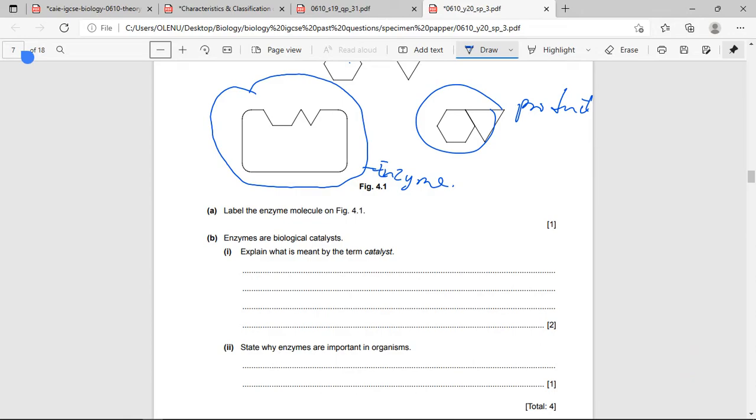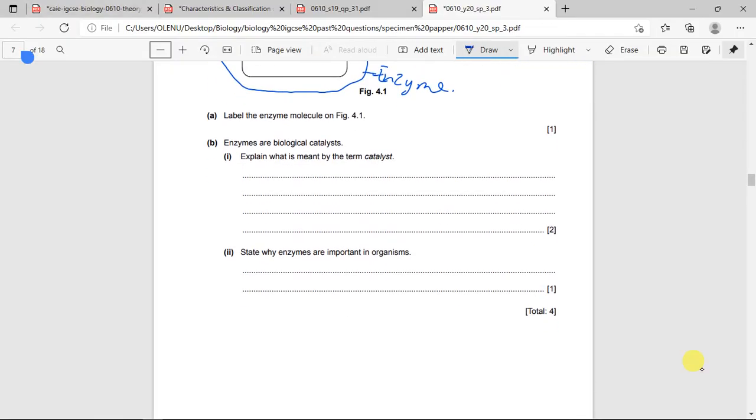Now they say enzymes are biological catalysts. Explain what is meant by the term catalyst. So a catalyst is a substance that speeds up the rate of chemical reaction without being changed at the end of the reaction.